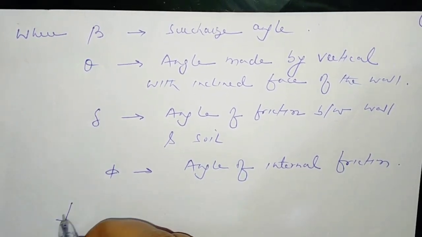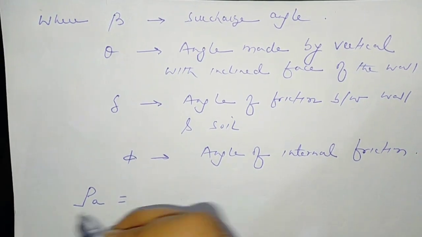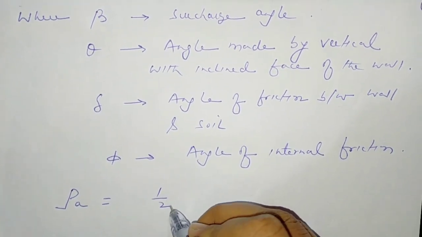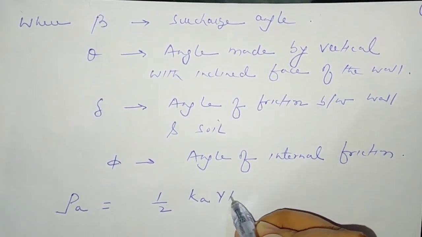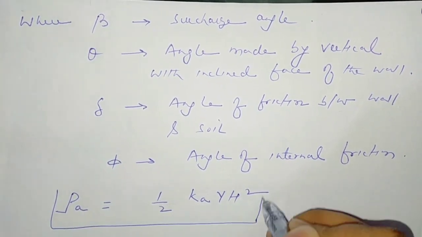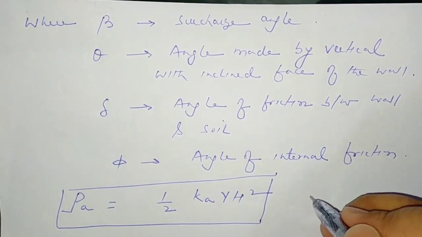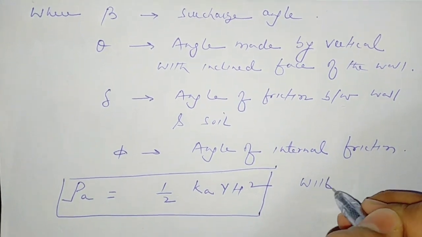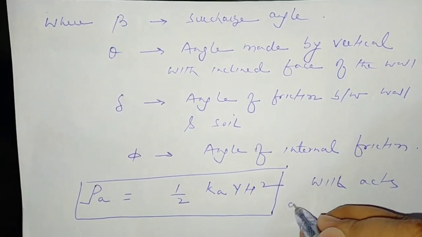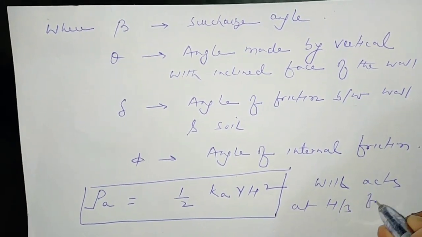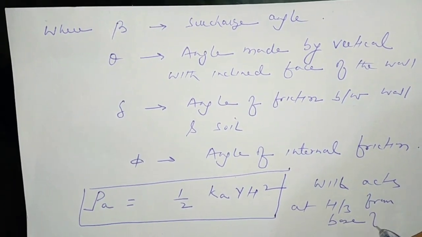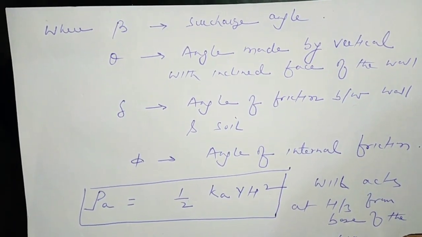So capital PA, either we compute from sine law or as 1 by 2 Ka gamma h square, which will act at h by 3 from the base of the wall.